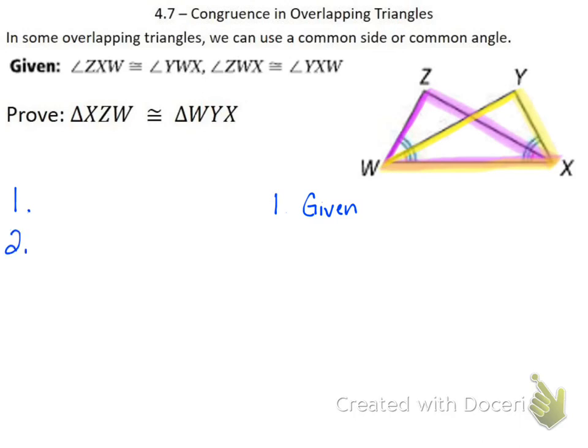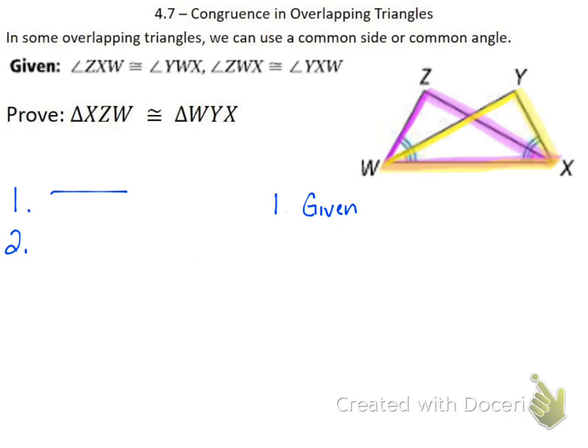With my second step, I've used all my written given statements. I now look at the picture to find a reflexive property, or bow ties. When I have overlapping triangles, I need to find the side or angle that is shared between both triangles.